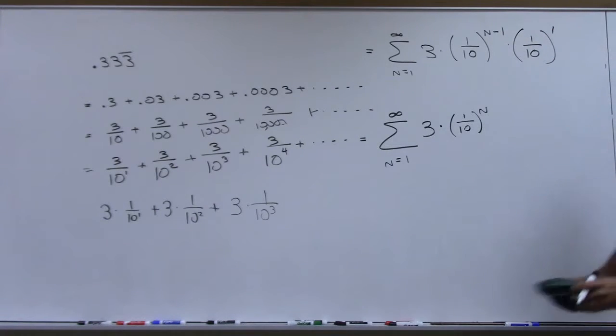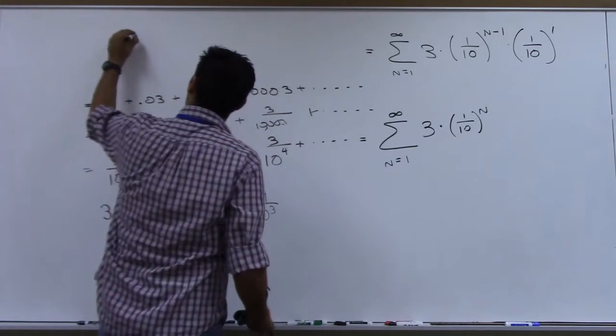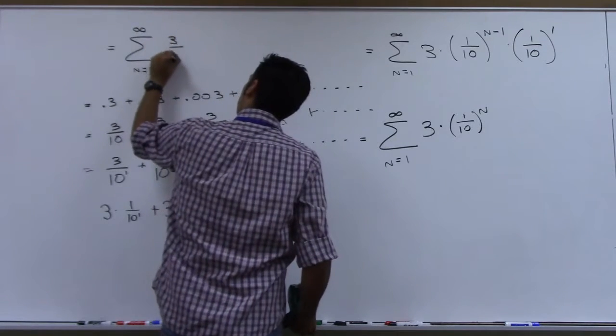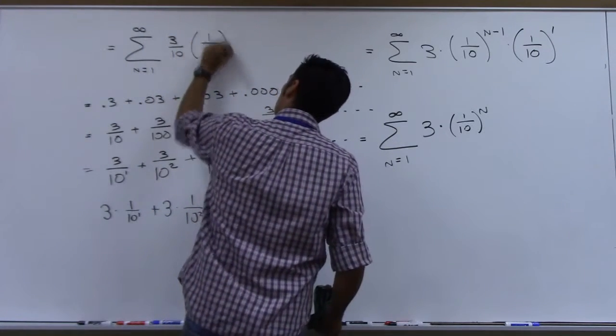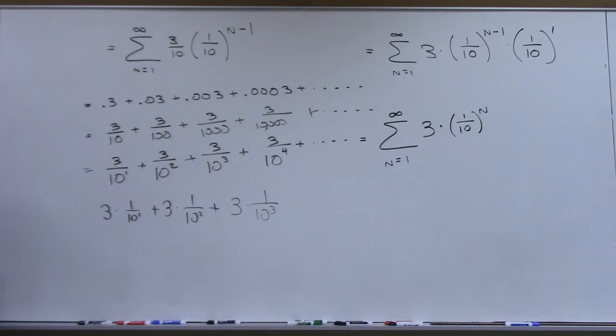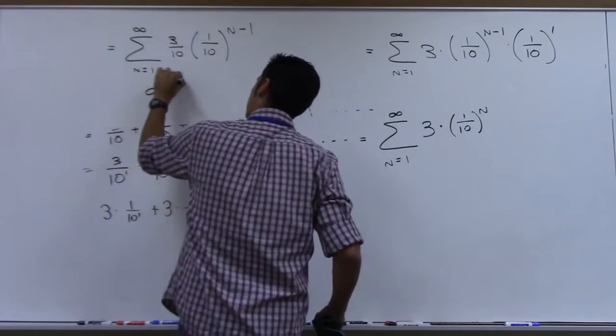So what's actually the a here? It's 3/10, isn't it? So this is actually sum n equals 1 to infinity, 3/10 times 1/10 to the n minus 1. That's geometric, right? That's geometric. A is what? A is 3/10.